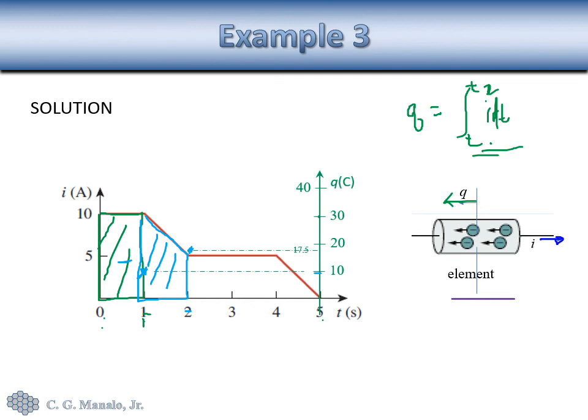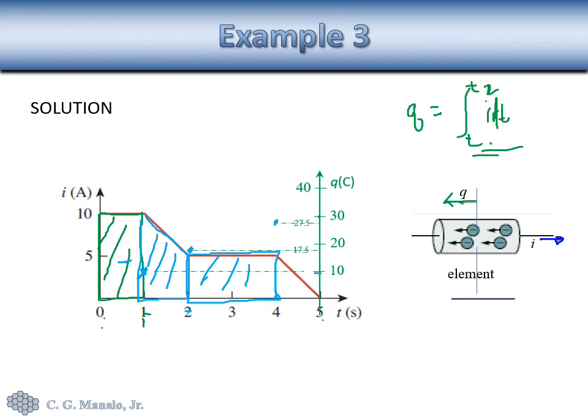And after 4 seconds, so let's go up to 4 seconds because current there is constant. After 4 seconds, that would give us 27.5 coulombs. So that will be the previous area that was summed up plus this area.